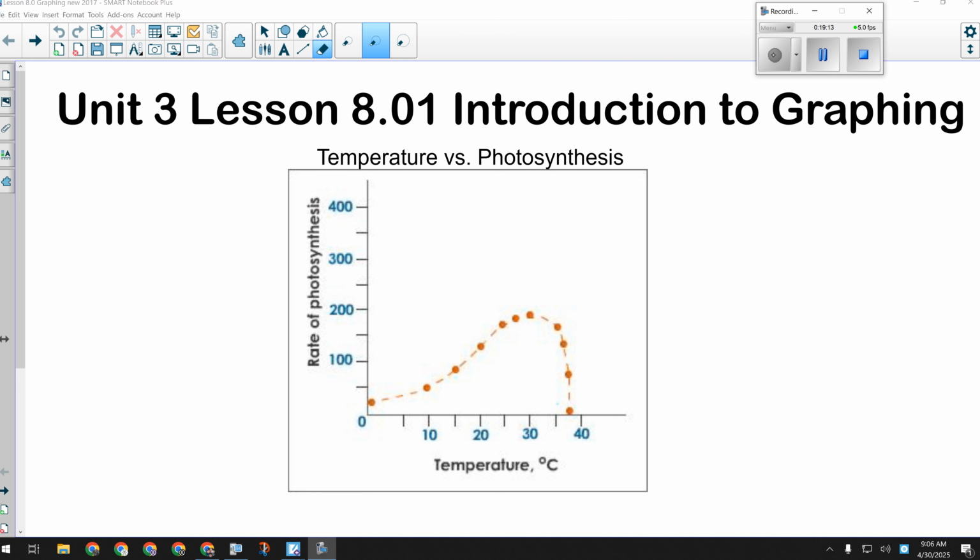So which variable probably always goes on the y-axis? The responding variable. That's what you're trying to see, right?